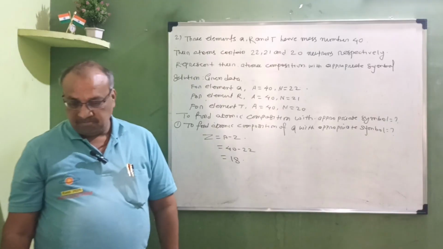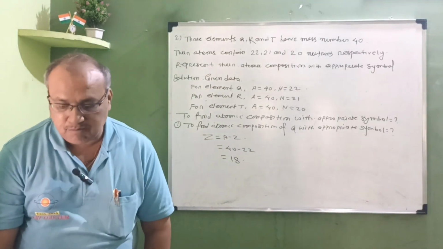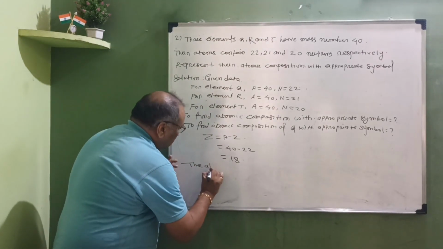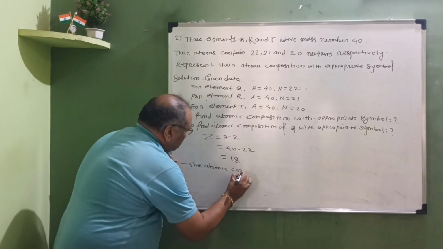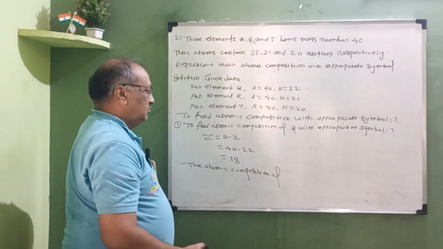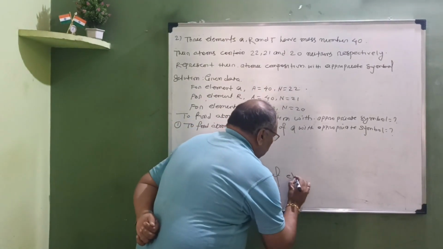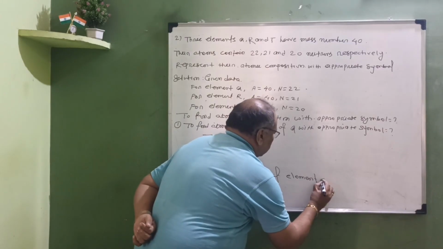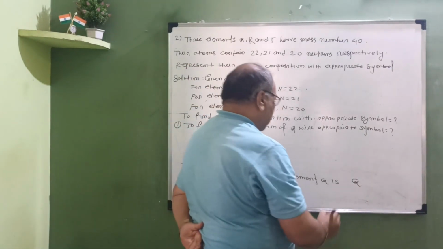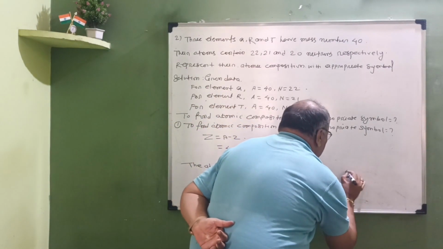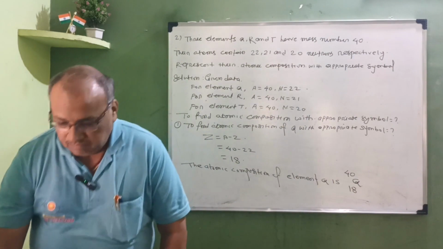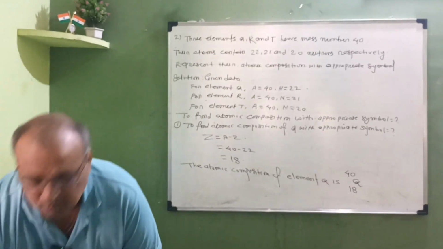That means here the atomic composition of element Q is, that is here write down Q, atomic number is 18 and mass number is 40. 18Q40.